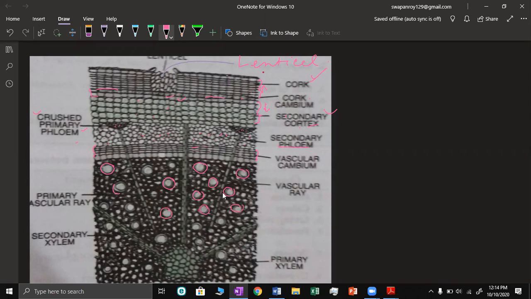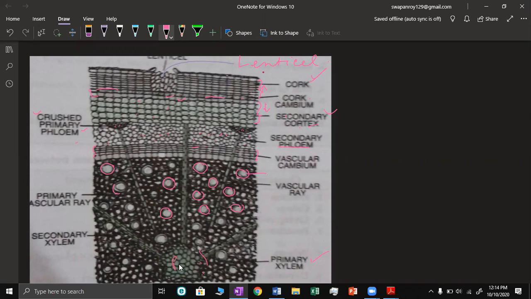So these big holes that appear in the section are the metaxylem vessels of the secondary xylem. So this portion is the secondary xylem. Primary xylem is here. This portion is primary xylem.